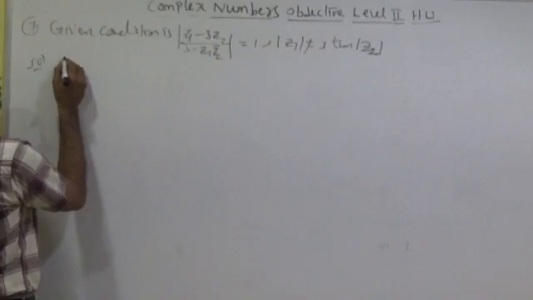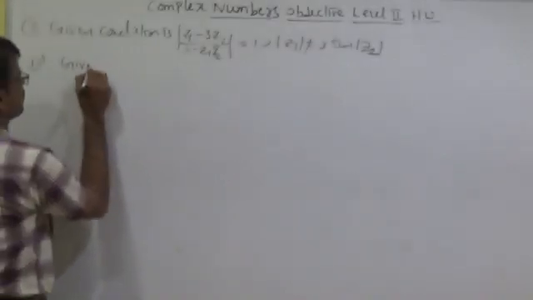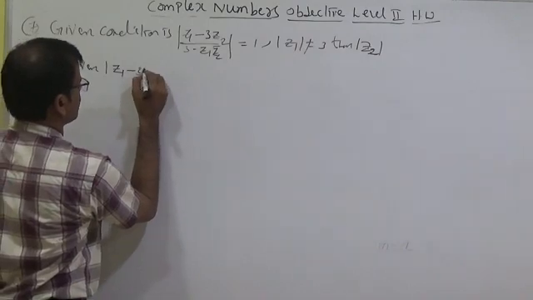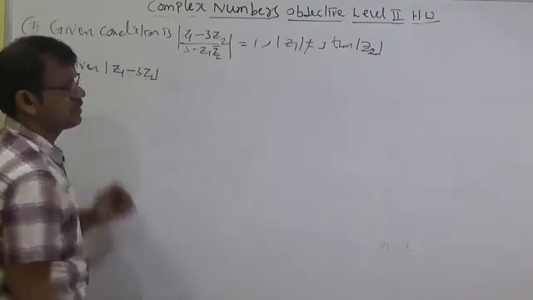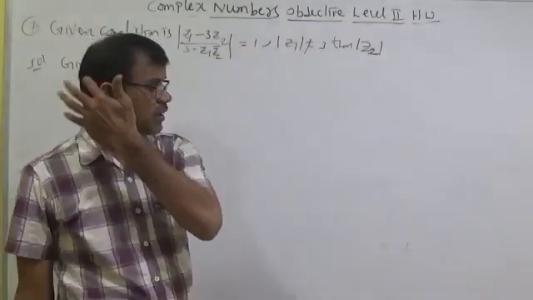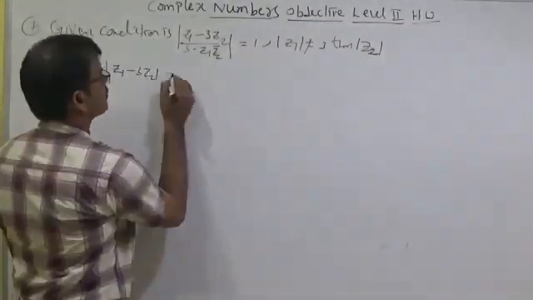Next step, given, you can understand this one: modulus of Z1 minus 3Z2 is equal to modulus of 3 minus Z1 Z2 bar.